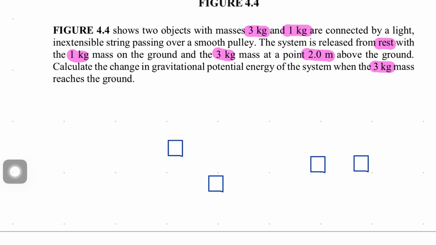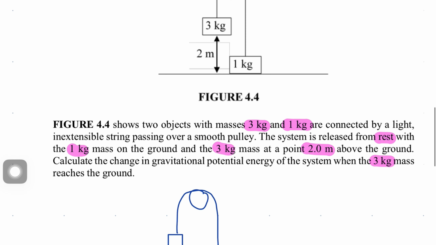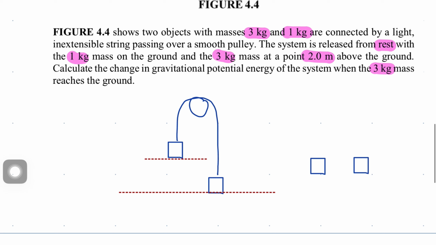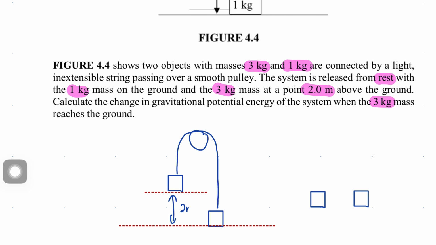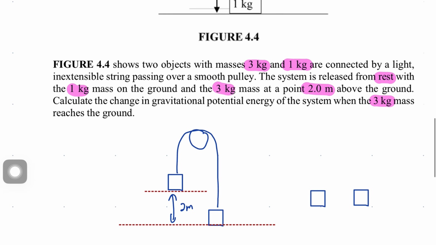Initially this is the situation, this is the pulley, and this is the height. So initially the height for the 3 kilogram is 2 meter. This one is for the 3 kilogram, and this is the 1 kilogram.